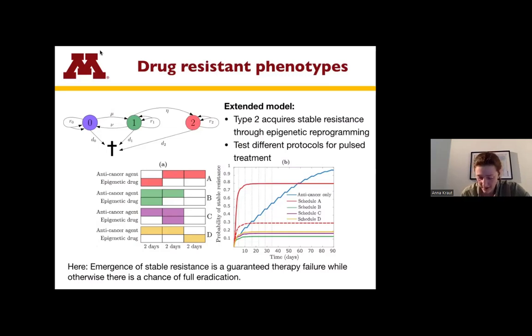And it turns out that, so this blue line, you see this zigzag because basically this plot shows the probability of acquiring stable resistance, and these plateau phases correspond to the off phases of the drug, where most of the cancer will revert back to its sensitive state, and therefore we cannot acquire the permanently resistant type during these phases, and therefore not increasing the probability to obtain stable resistance up to this time point.